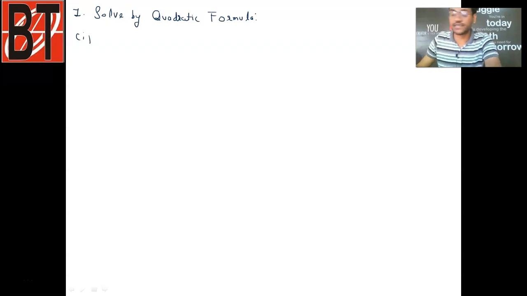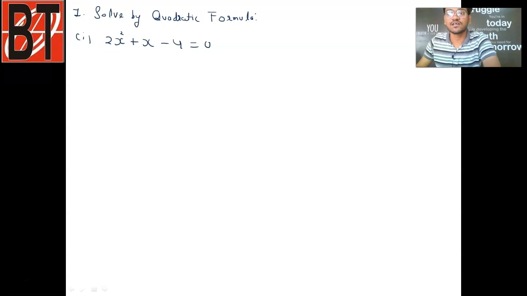Suppose the question is in this way: solve by applying quadratic formula. The first part of the question I am taking: solve 2x square plus x minus 4 is equal to 0.